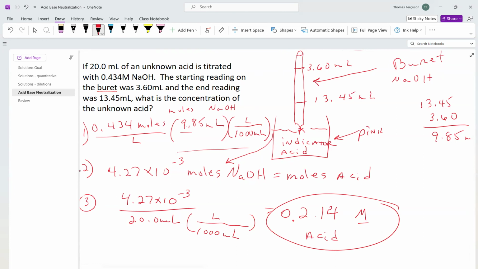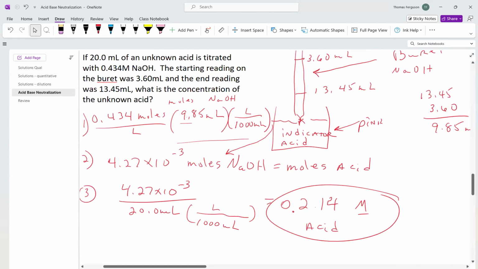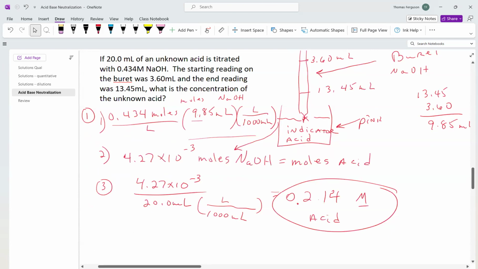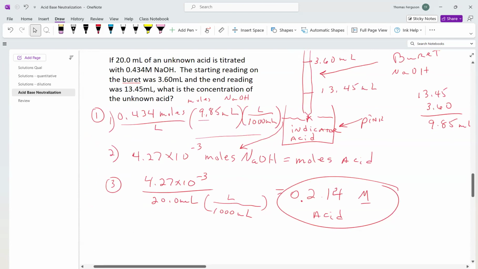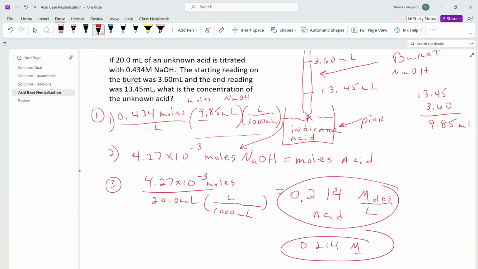Oh, I got it. And this is moles up here too. And moles per liter is the same as M, uppercase M.